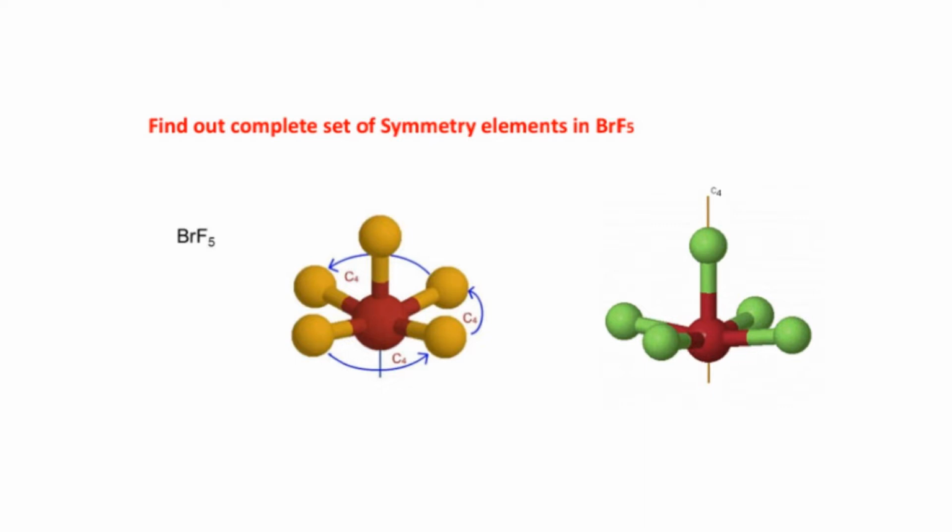Then this will be the C4 rotation, so you can rotate this molecule in C4 fashion. The next one: is there any other axis of rotation present? Yes, there is also a C2 axis of rotation present.